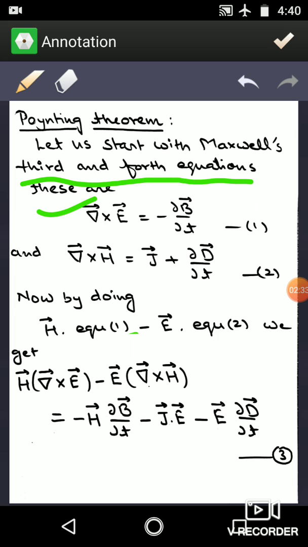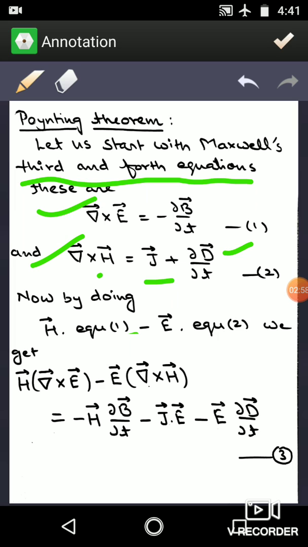Maxwell's third equation is del cross E equals minus del B upon del t, and the fourth equation is del cross H equals J plus del D upon del t. We know the meaning of the symbols here. J is current density, D is the electric displacement vector, and H is the magnetizing field.